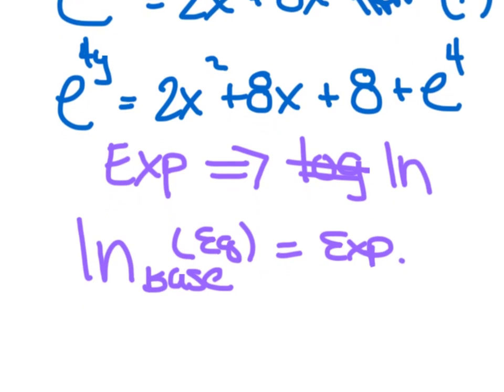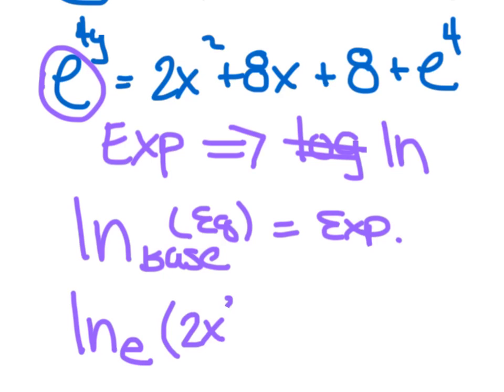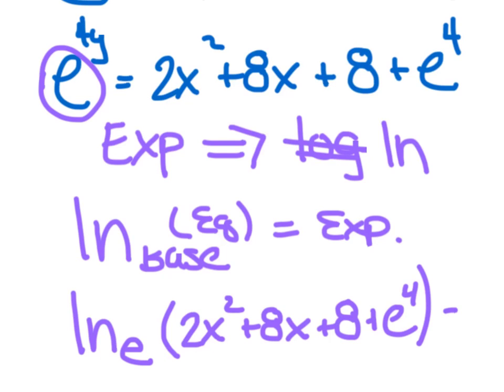So again, this is straight from Algebra 2. So I'm going to say ln, the base is e, of 2x squared plus 8x plus 8 plus e to the 4th equals 4y.